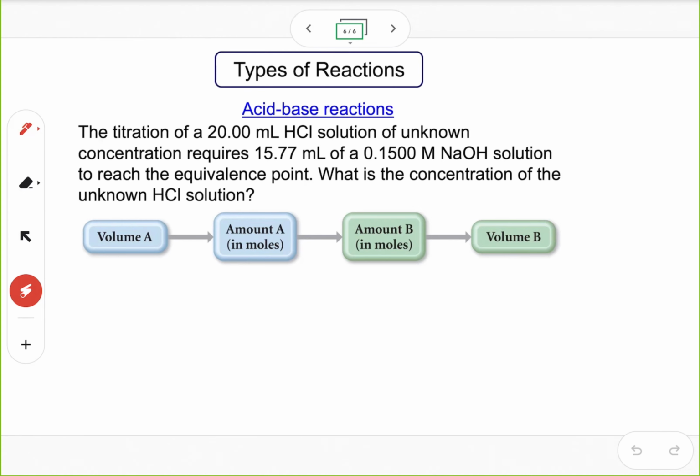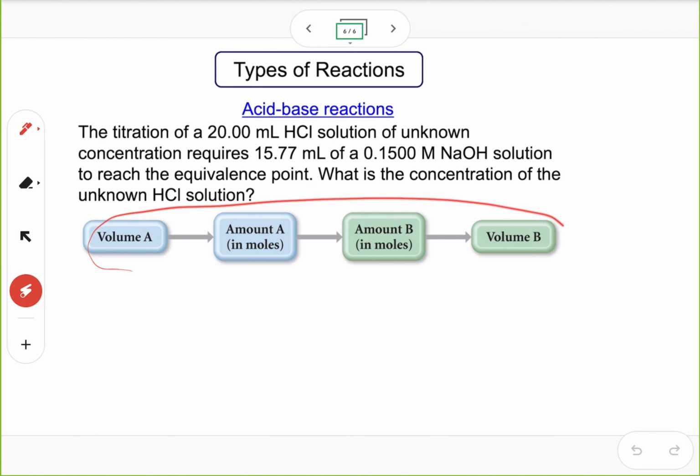In other words, you keep adding sodium hydroxide to this hydrochloric acid solution. When you add 15.77 ml of sodium hydroxide solution, you see the color change. Our question is asking what's the concentration of the unknown hydrochloric acid solution.